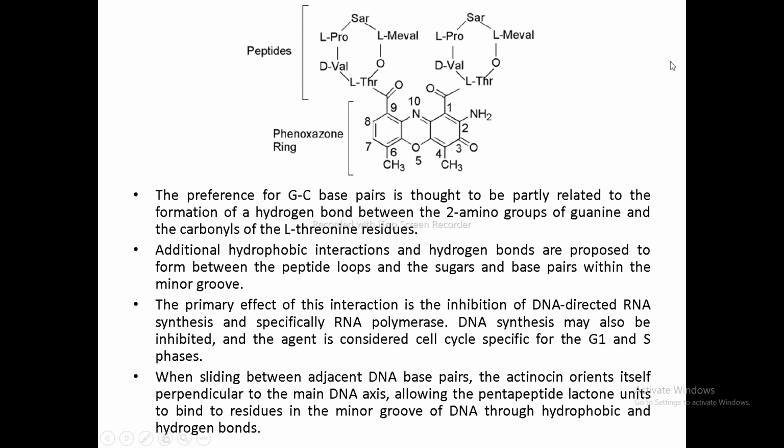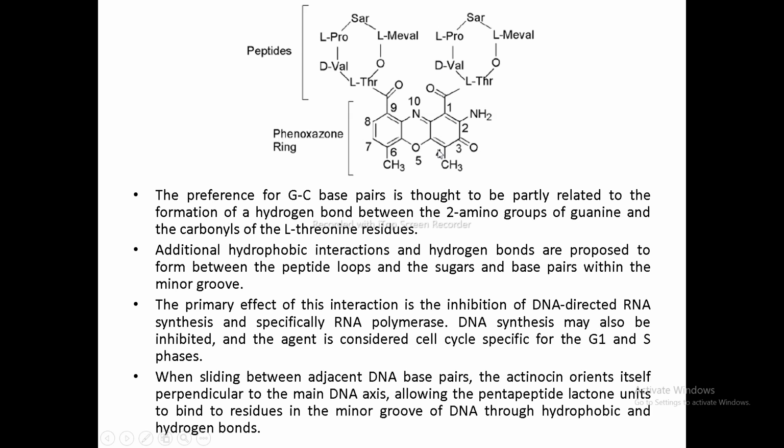The structural feature of dactinomycin important for its cytotoxicity is the planar phenoxazone ring, which facilitates intercalation between the DNA base pairs. Whereas the peptide loops also get inserted into the minor groove of the DNA.